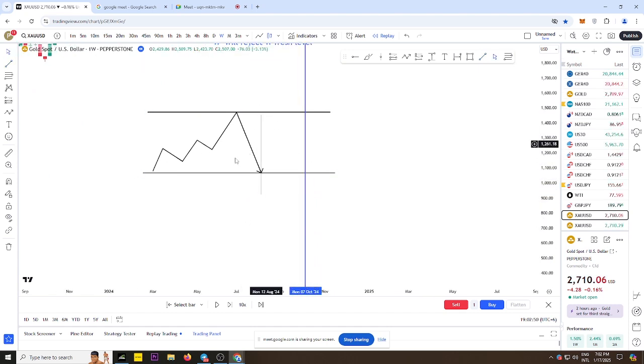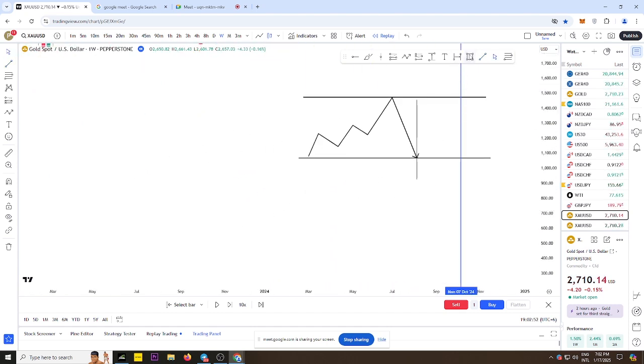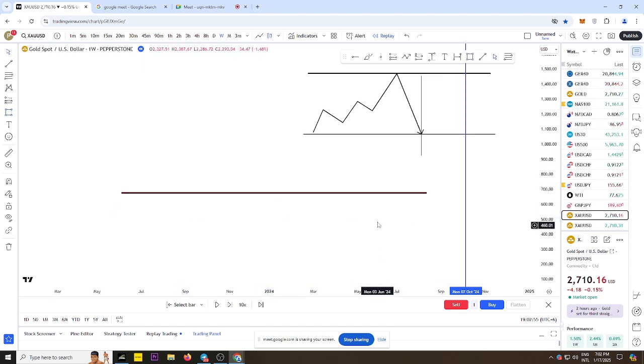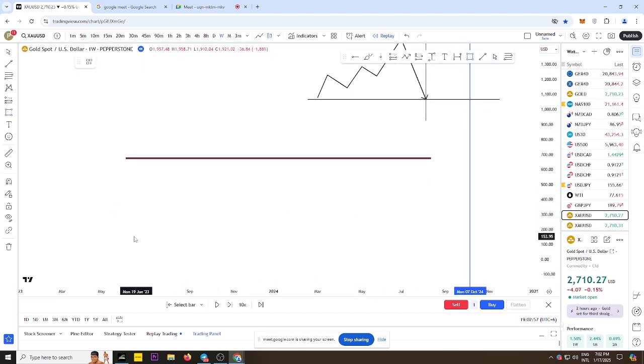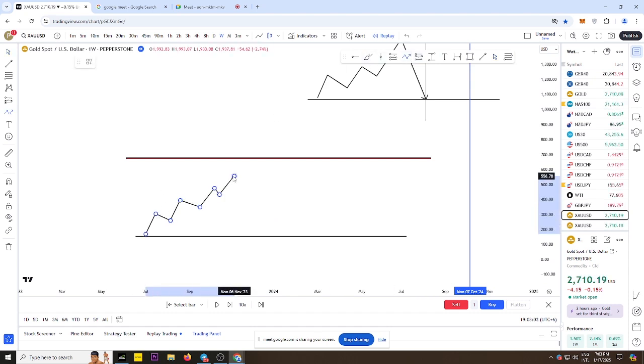once you identified the rejection, you do one thing extra, which is go one time frame lower. Shift to daily. As it is a weekly, there would be too many movements. And this particular one is the last one that touched this area. We may see a lot of movement here also, right?